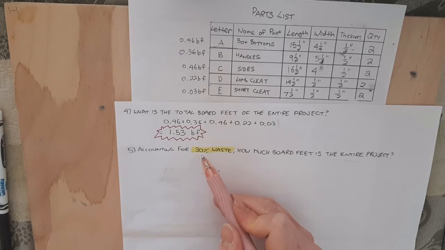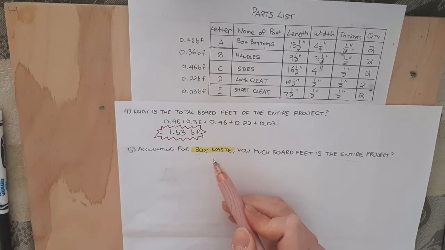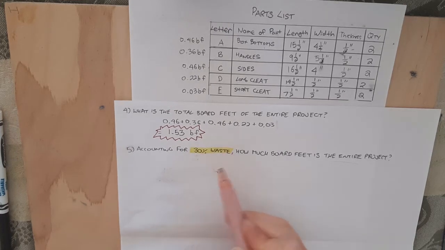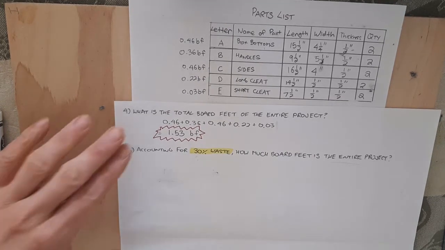Now, just in case you're curious, this 30% over here would include things like adding an extra inch or 2 when you're cutting it off on the radial arm saw. It would also include waste from the jointer and the planer as you're getting a flat face and a flat reference edge, and also ripping that last edge on the table saw to get it nice and smooth. So that waste is essentially machine waste.